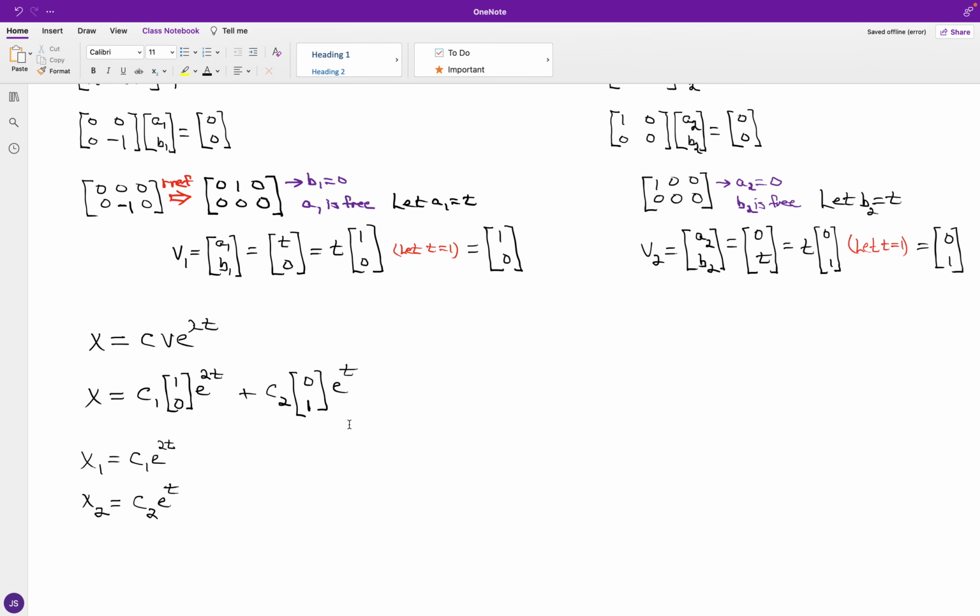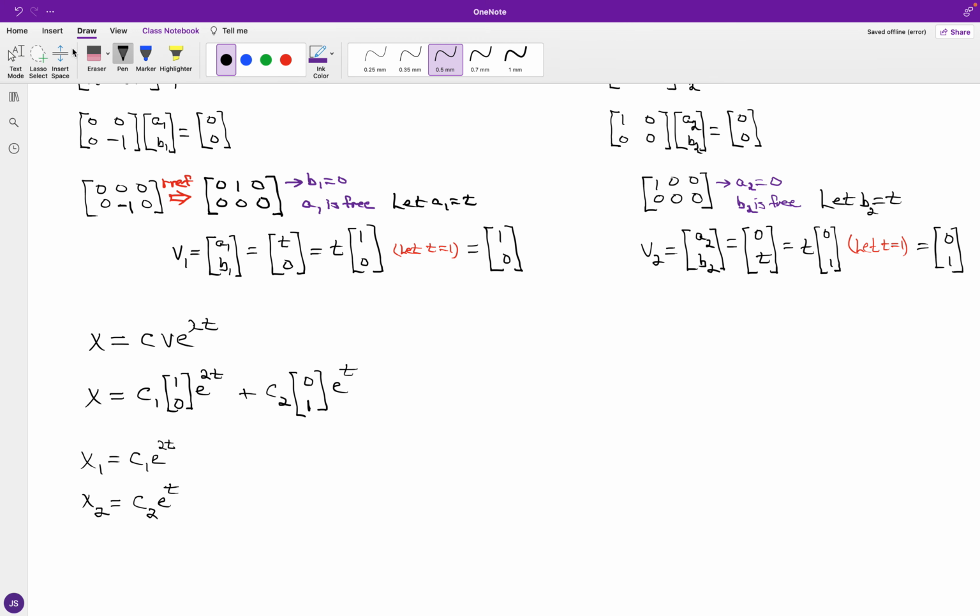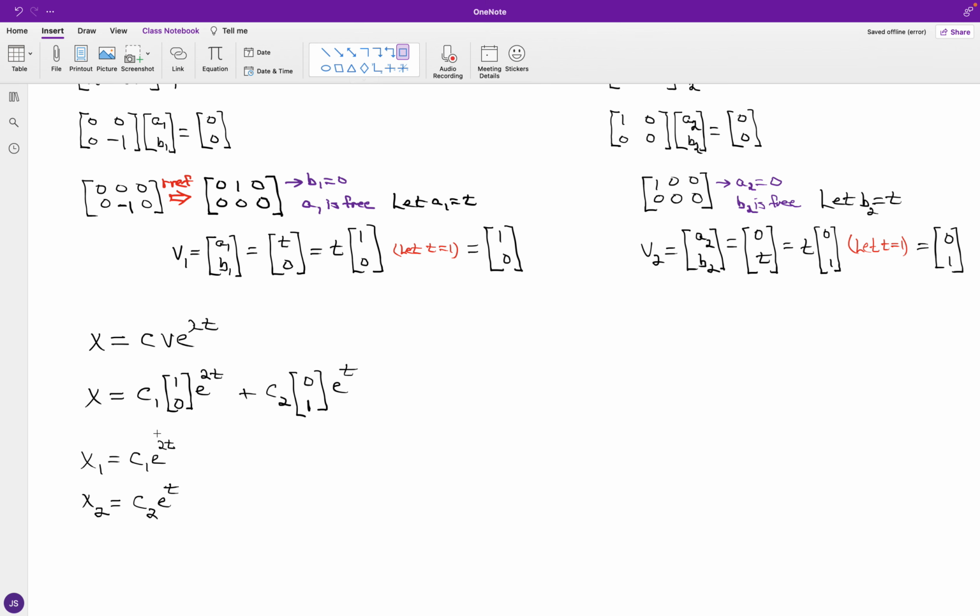Looking at the first general solution, you have c sub 1 e to the 2t, and the c sub 2 term is negligible. For x sub 2, the c sub 1 term is negligible, however we have c2 e to the t, and that is the general solution for this particular system.